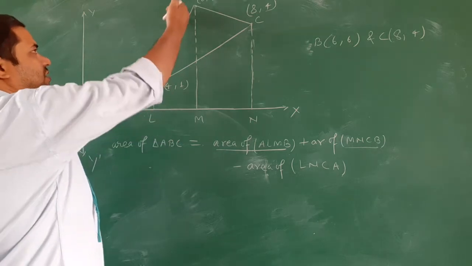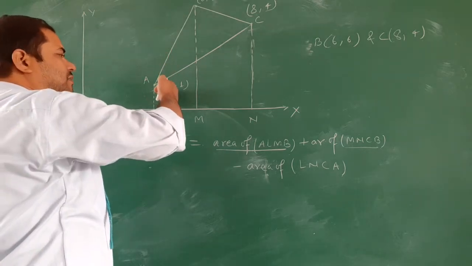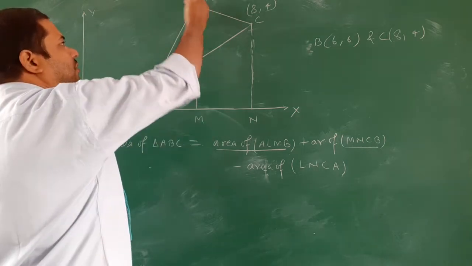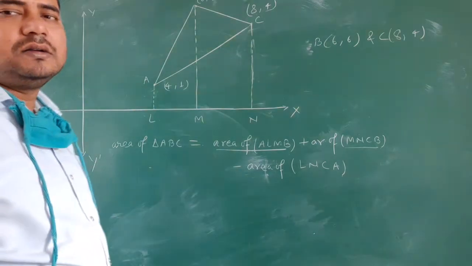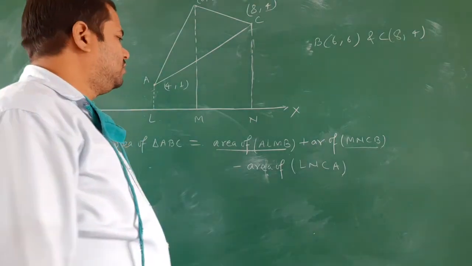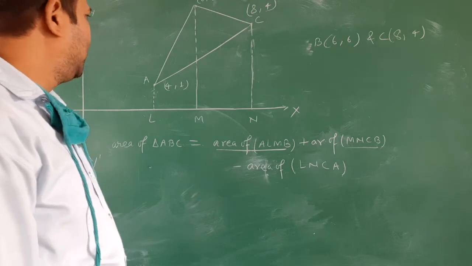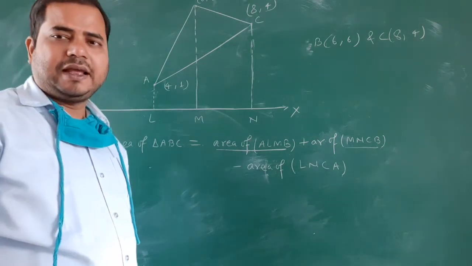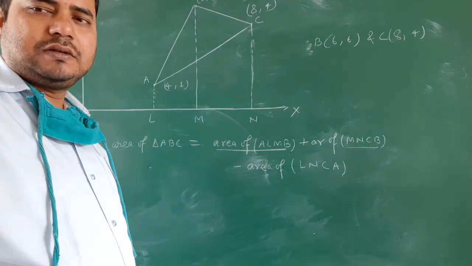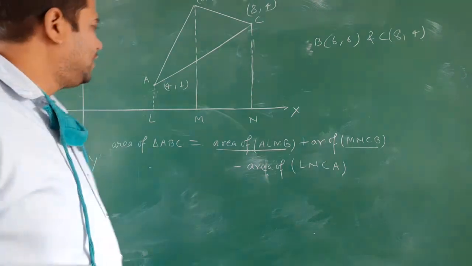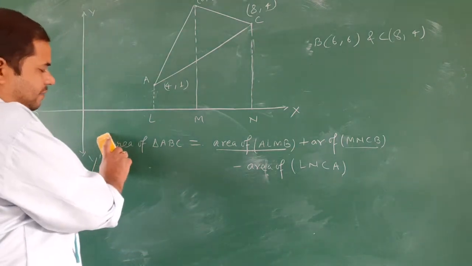And you know very well how to find them. Equation of the line AB is the equation of the line passing through the points (4,1) and (6,6). So note it down.